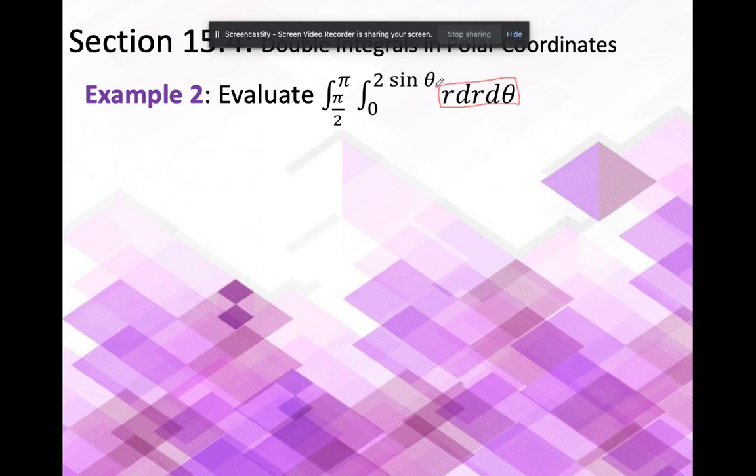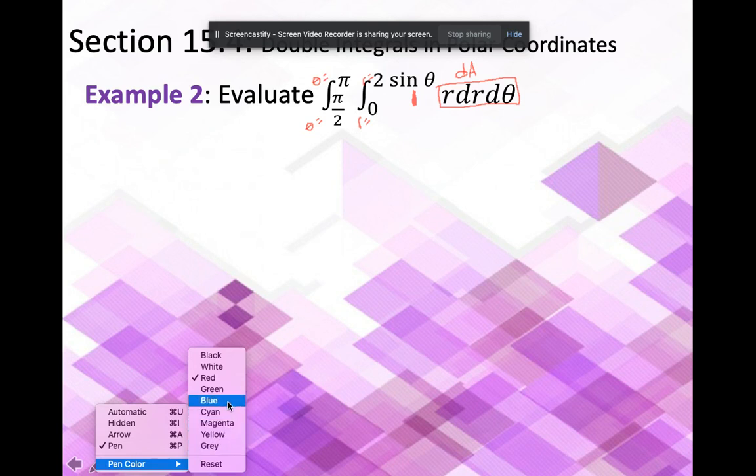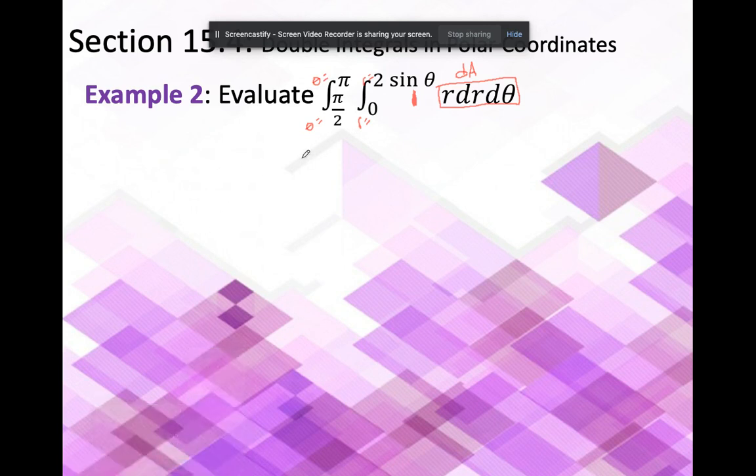Yeah, as long as you recognize that this is your dA, this used to be dA, right? So your integrand is really a 1. But these are R values and theta values. And just like before, I should draw this.